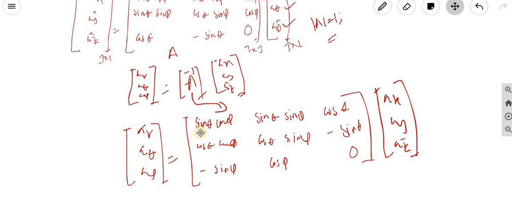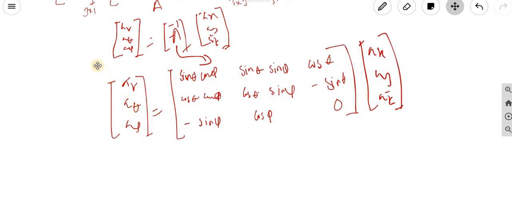Hence we will get this A inverse is like this. Okay. So remember these things.